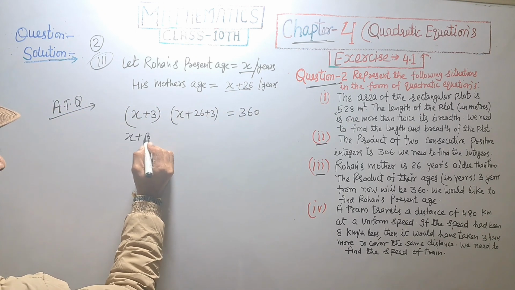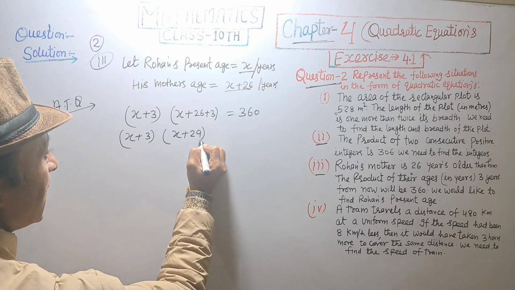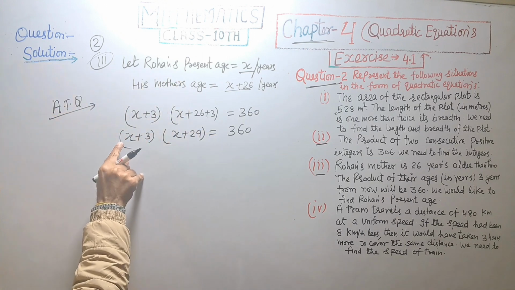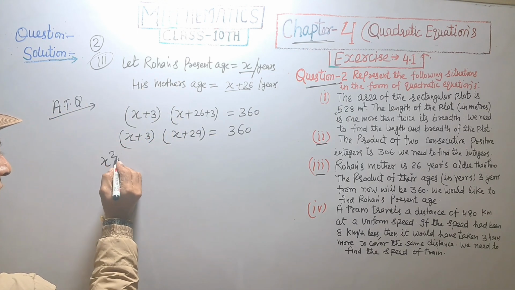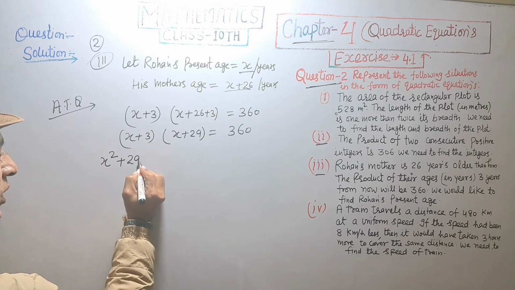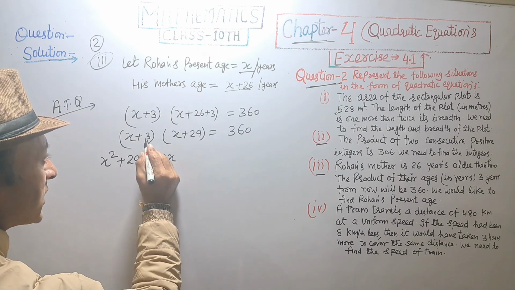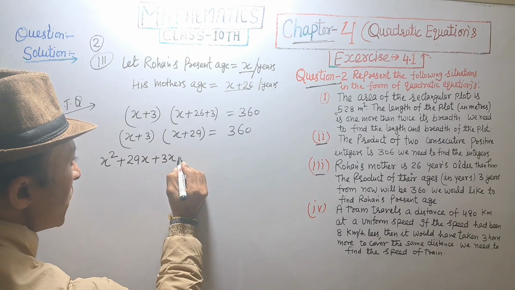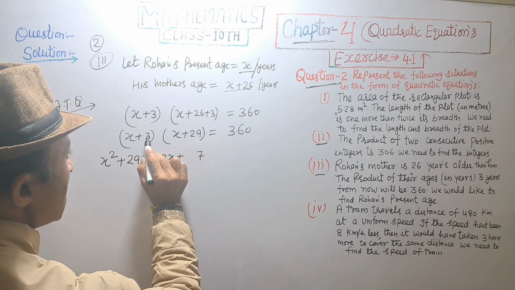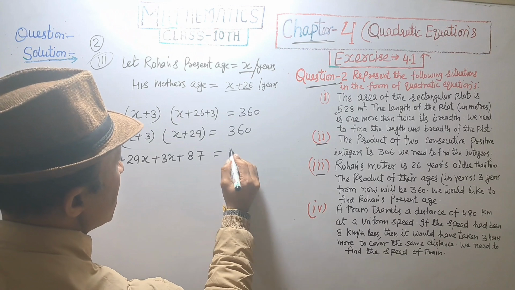Then (x plus 3) into (x plus 29) is equal to 360. x multiplied by x is x squared, x multiplied by 29 is 29x, 3 multiplied by x is positive 3x, and 3 multiplied by 29 is 87, equal to 360.